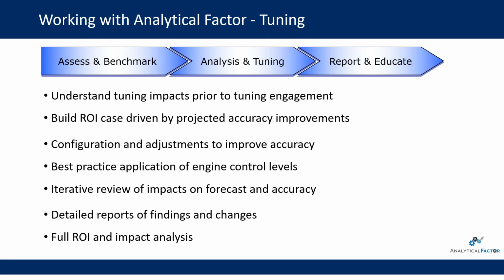Top down, we'll look at your enterprise and what are the scores of your key KPIs, for example, WMAP and bias. As we're tuning your system and refining the configuration and making choices, what's happening to your overall accuracy metrics? That's one. Bottoms up, we look at key individual products or key customers.